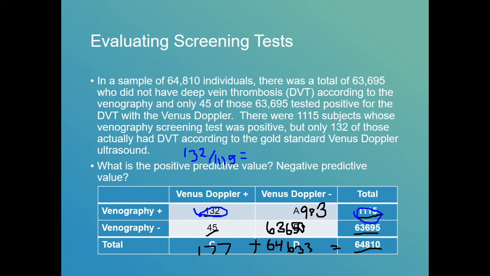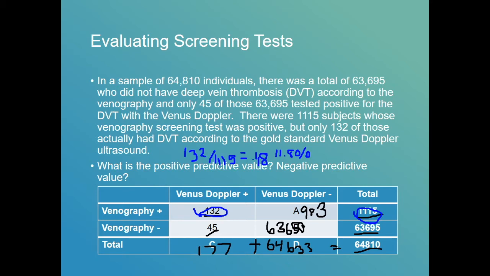And this would come out to be 0.118, or 11.8%. If we multiply it by 100, we would get 11.8%. So that means 11.8% of the time this venography predicted the true venous Doppler result.